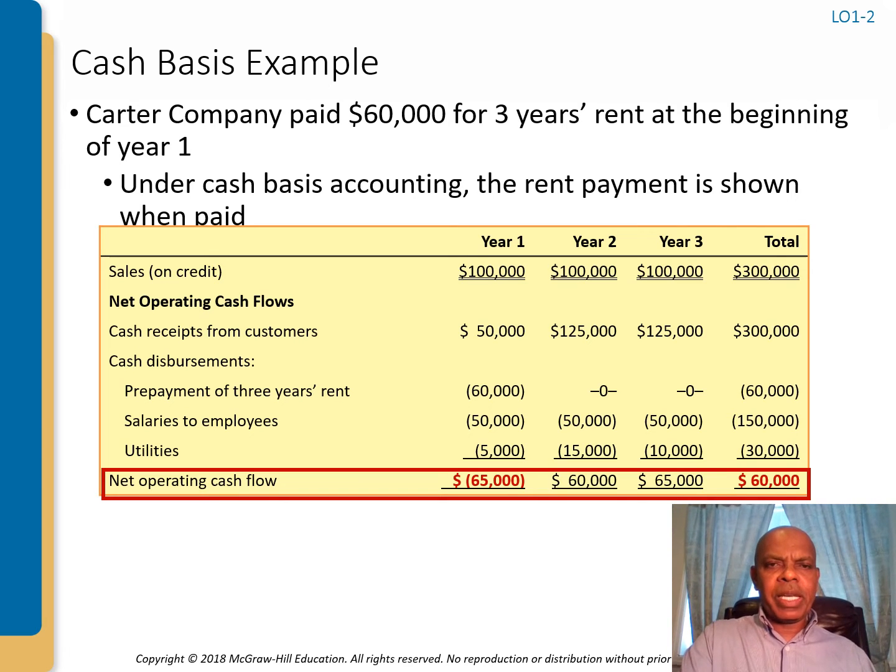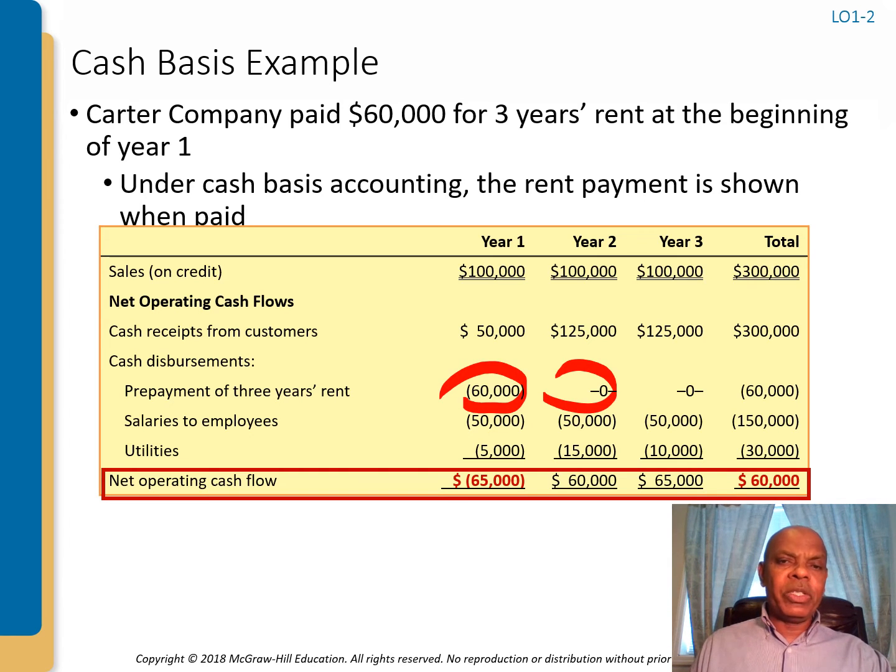Cash basis example. Carter paid 60,000 for 3 years rent at the beginning of year 1. So on the cash basis accounting, the rent payment is shown when paid, right? That means in year 1 they paid rent for a total of 3 years, year 1 plus 2 and 3. So how are you going to record that?